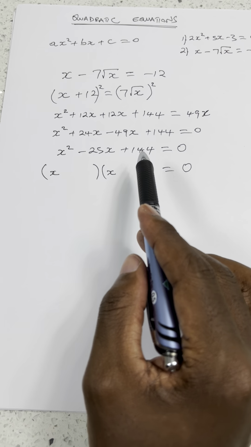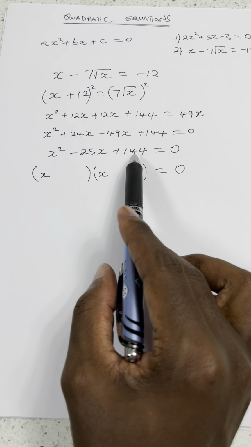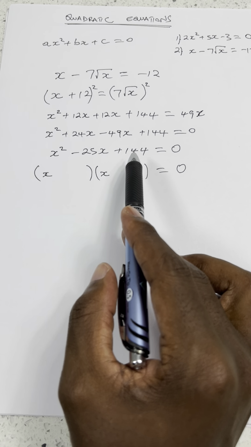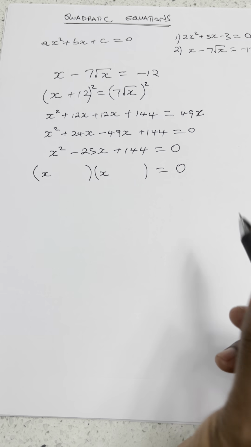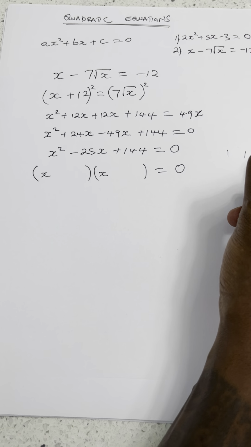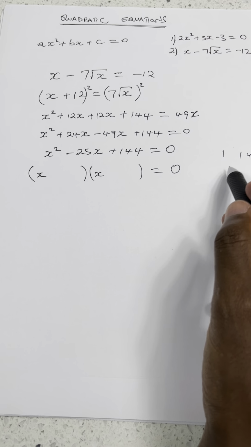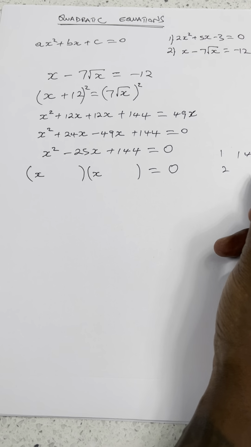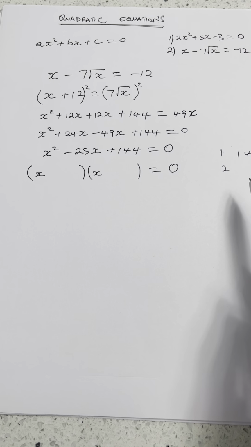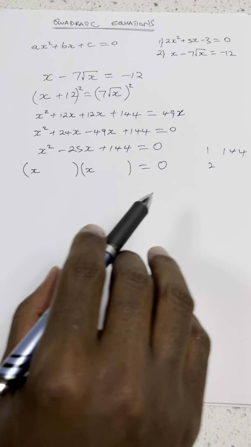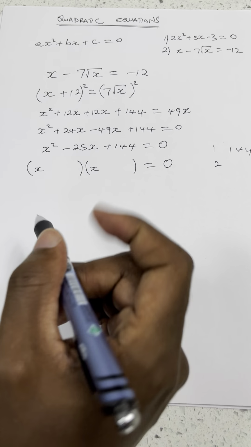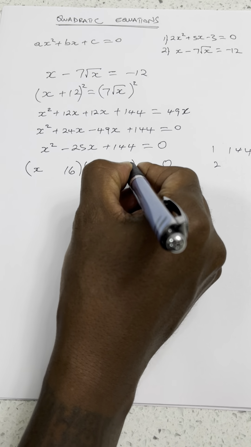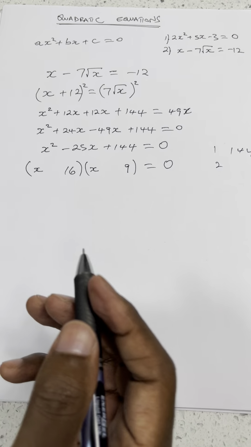If you use your calculator, a quick method to find the factors is to start from 1 and go up. Say 144 divided by 1, then you'll have your factors 1 and 144. Say 144 divided by 2, you'll get your 2, and whatever the difference is. To keep this video short, I have already found factors of 144 that add up to 25, and that is 16 and 9.